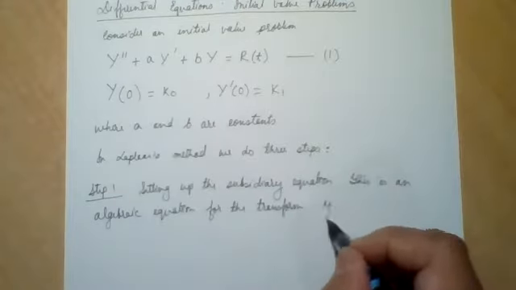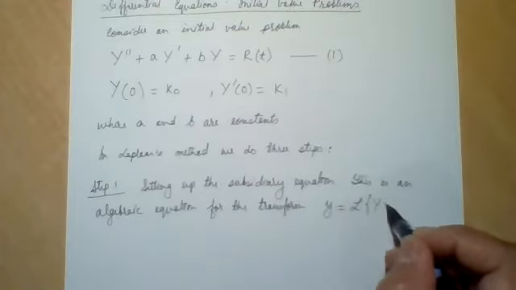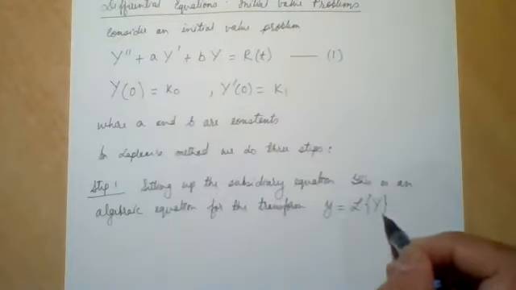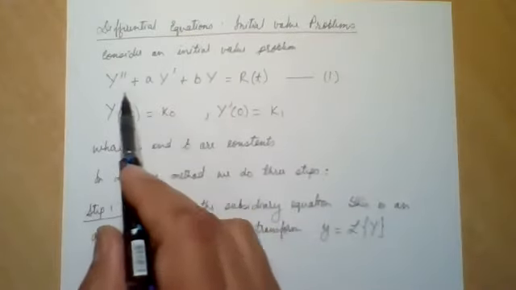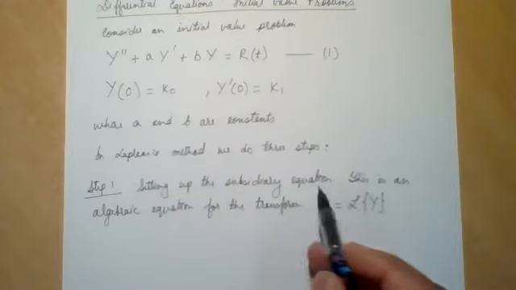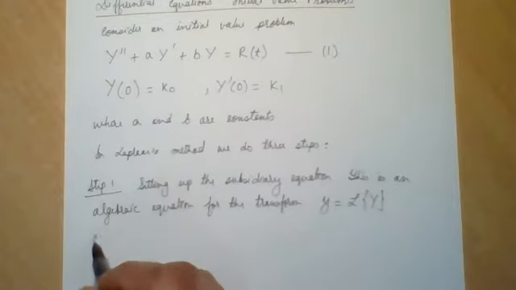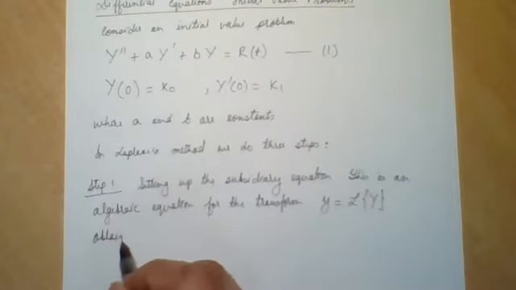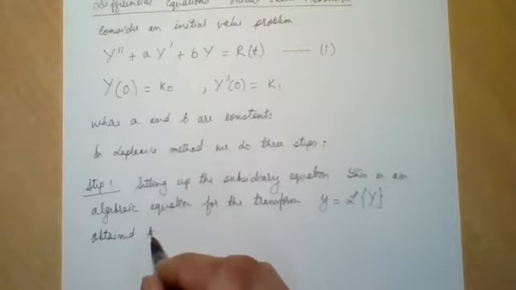So if small y is the Laplace transform of capital Y, then we take the Laplace transform of this whole equation. So setting up the subsidiary equation, this is an algebraic equation for the transform obtained by transforming equation 1.